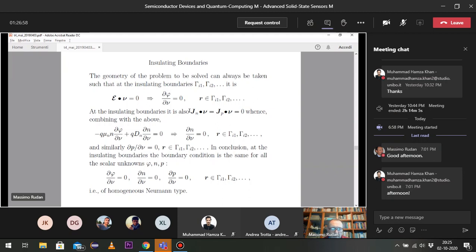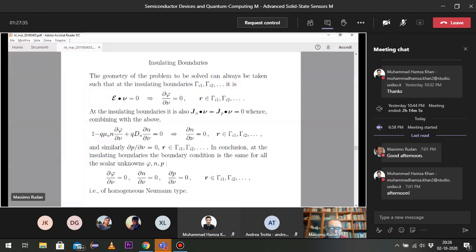So if you take, for instance, the drift diffusion equation for the electrons, the equation that gives you the expression of Jn, and project this equation over the normal unit vector to the boundary, and then force this to be 0, what you find is that you see here in the middle, this is the projection of Jn to the normal direction with respect to the insulating boundary, and this must be 0.